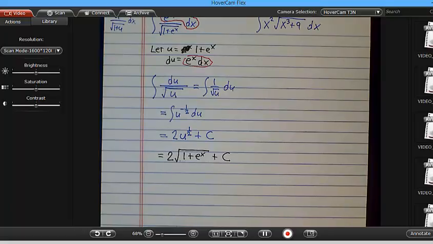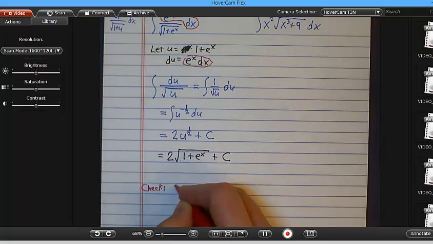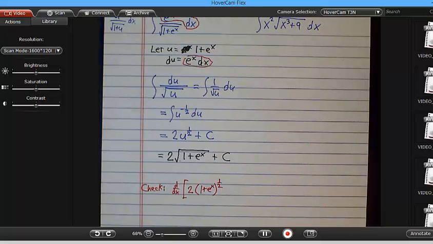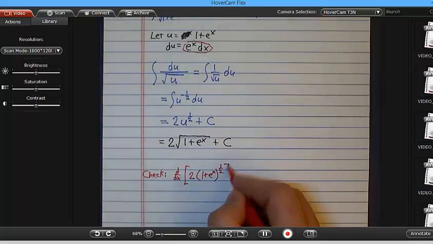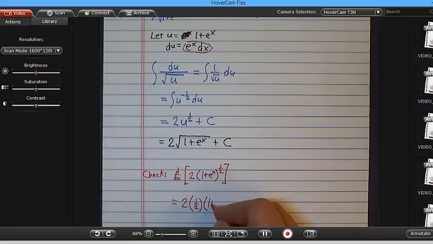Can you check your work? How can you check your work here? Take the derivative. Let me try it. Derivative of 2 times (1 plus e to the x) to the 1/2 power. I'll forget about the plus c. That's 2 times 1/2 times (1 plus e to the x) to the minus 1/2.